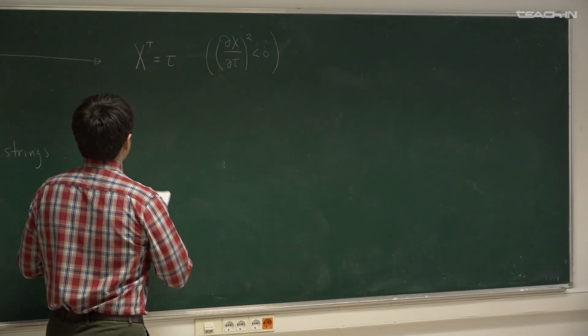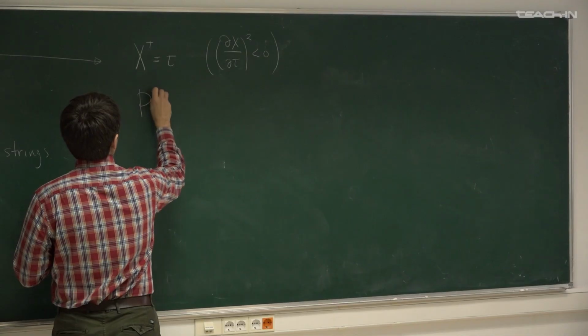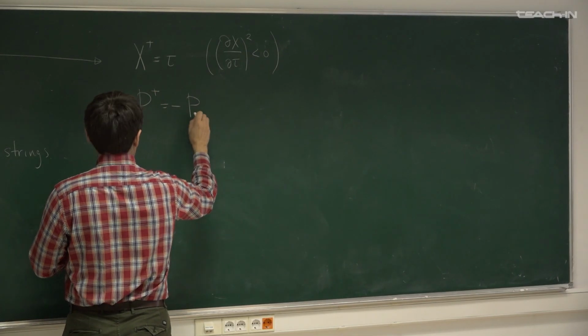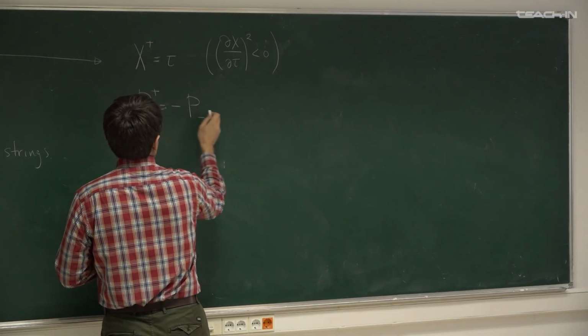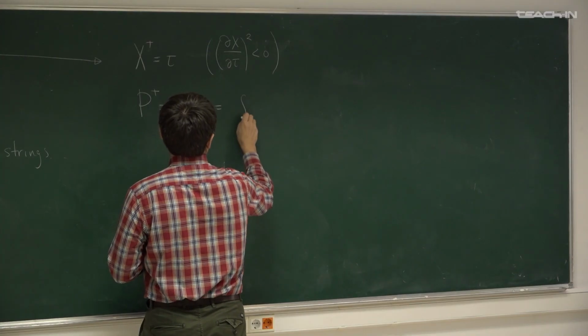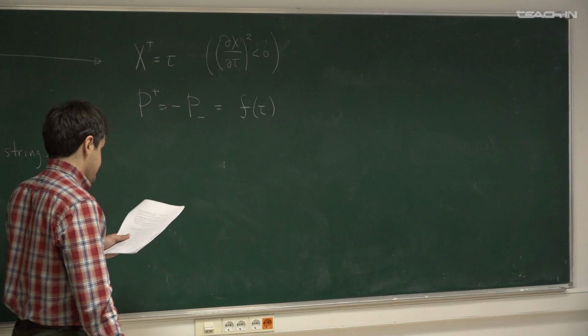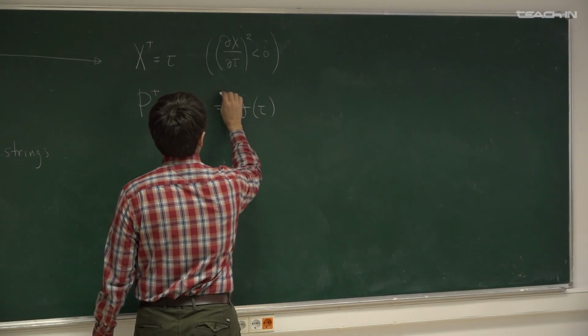And the second gauge choice will be that p plus, which is minus p minus, will be some f of tau. When I say f of tau, I mean that this is independent of sigma.